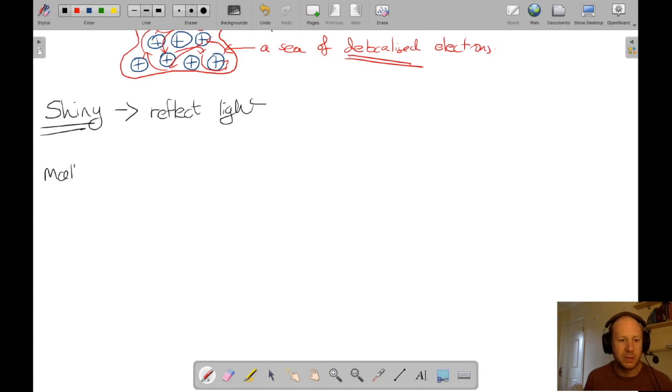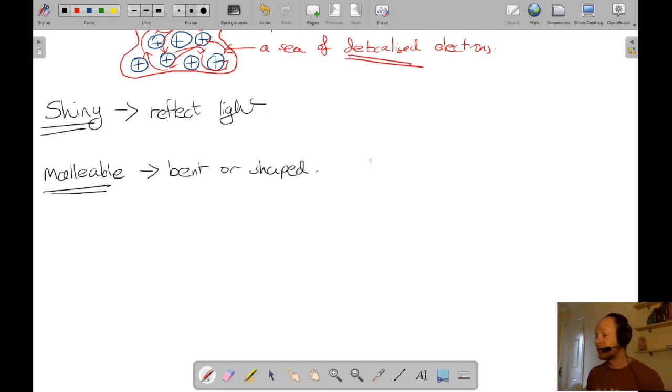Right, let's move on to the next one, which is being malleable. Now, if you remember from Key Stage 3, malleable means that it can be bent or shaped. I'm sure you know this if you've ever taken a piece of aluminium foil and scrunched it up into a little ball. Metals are very easy to bend and shape into different shapes. That's why we use them for things like saucepans and car bonnets.